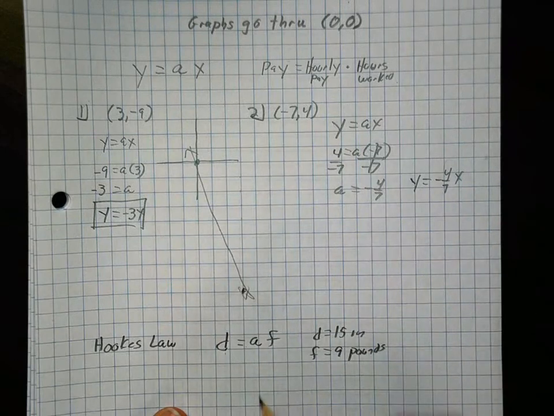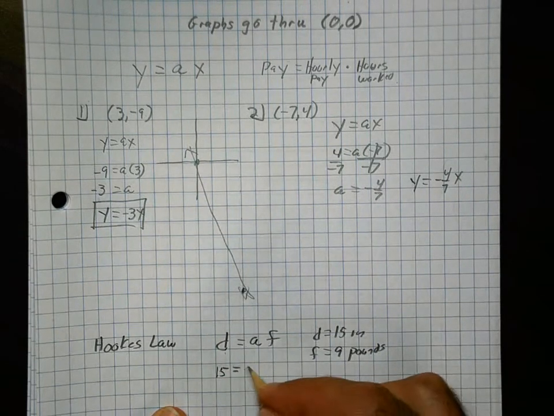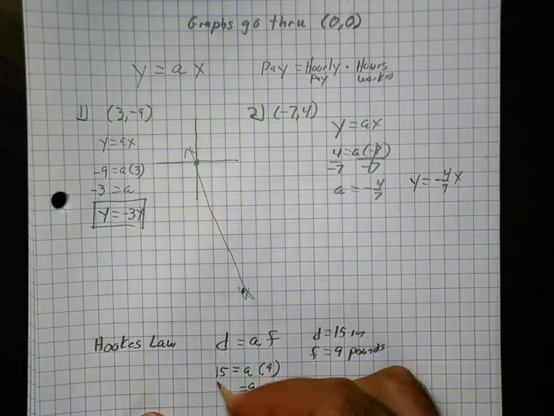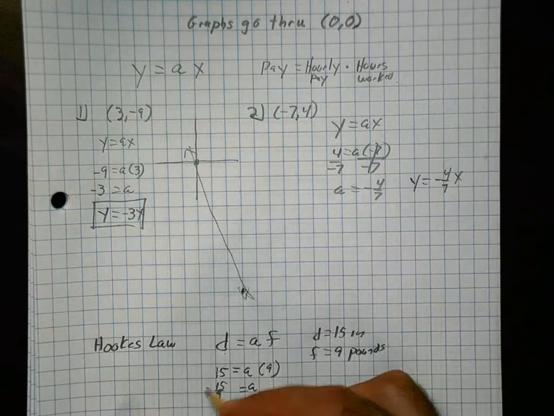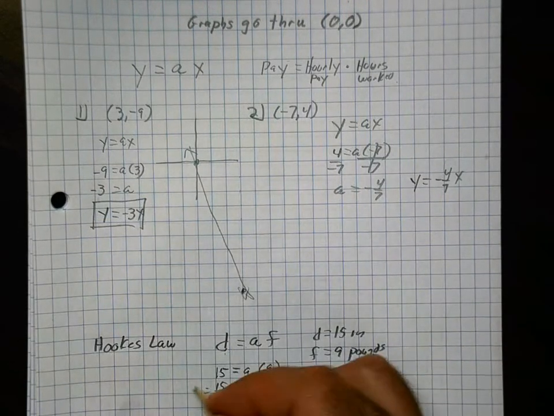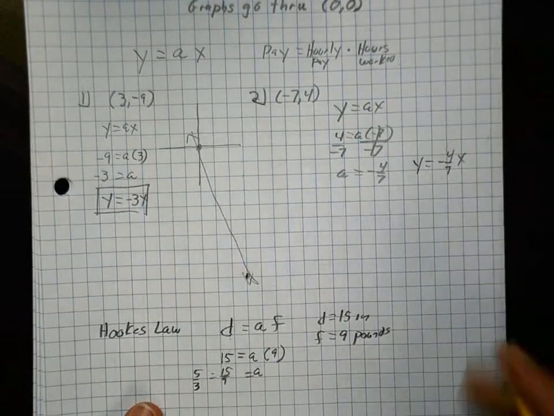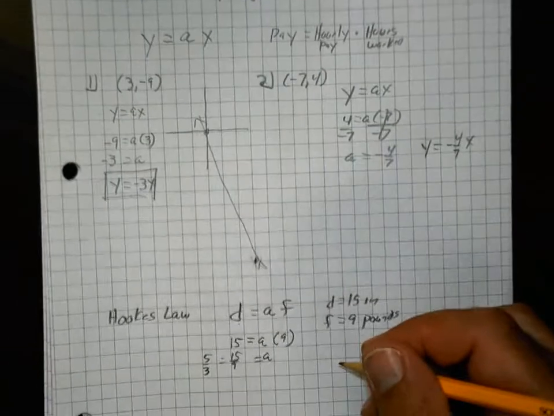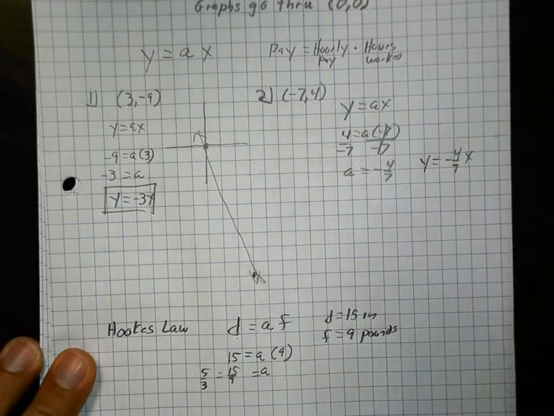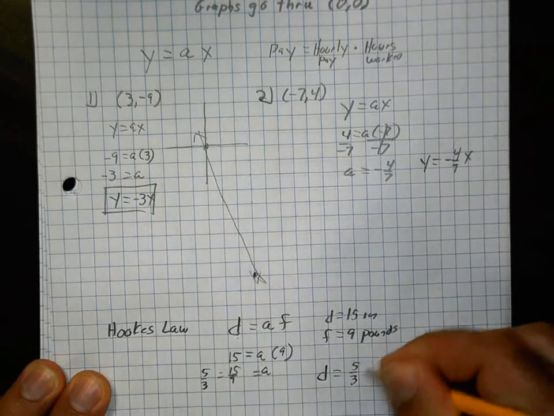All I have to do is substitute these values in: 15 in for D, 9 in for F. Divide, I get 15 over 9, which we can simplify down to 5/3. So D is going to equal 5/3 F.